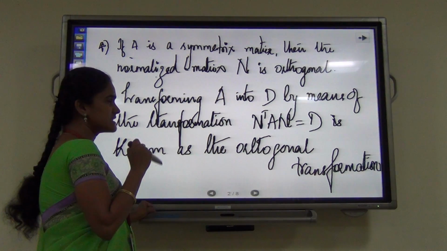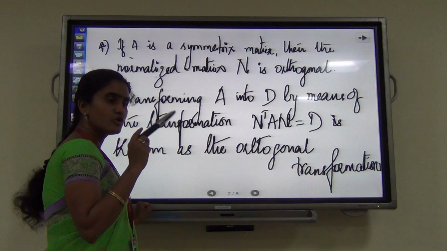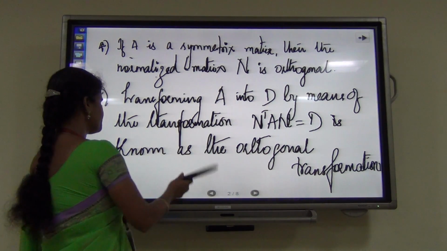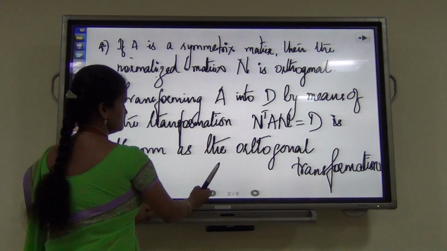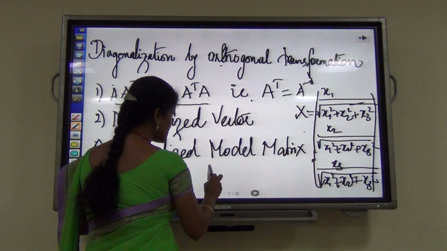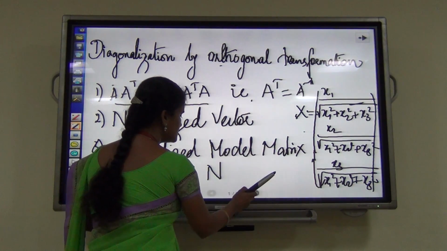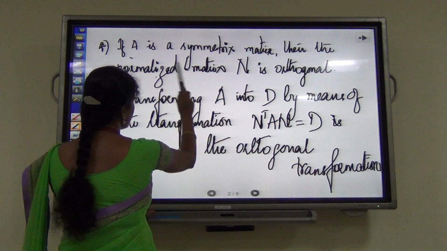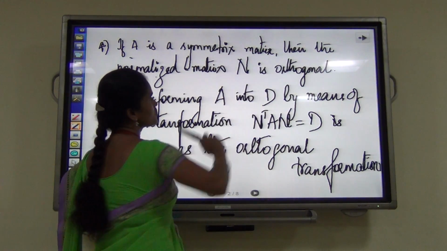The model matrix we represent by M, and the normalized model matrix we represent with the symbol N. So if A is a symmetric matrix, the normalized matrix N is orthogonal.